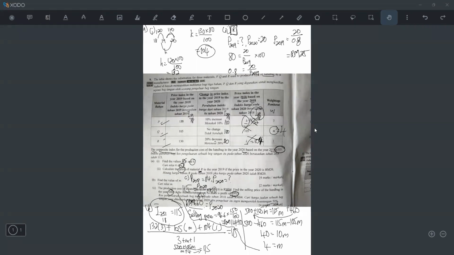And for those yang sudah siap, I want you to take out your tile set. Okay, and find the Kelantan punya paper 2 section C. Like the blue color lah, the blue color set, right?